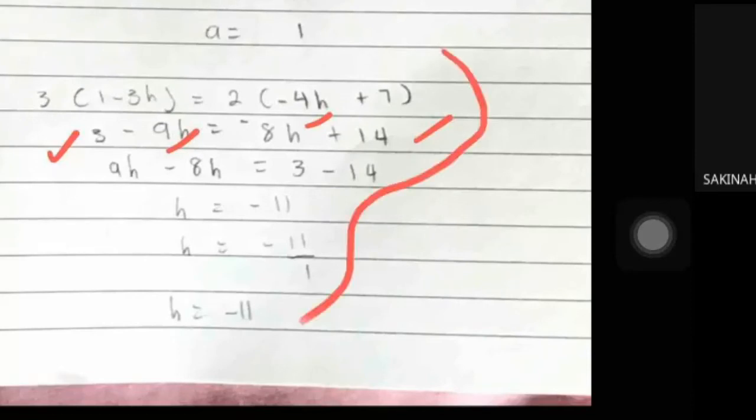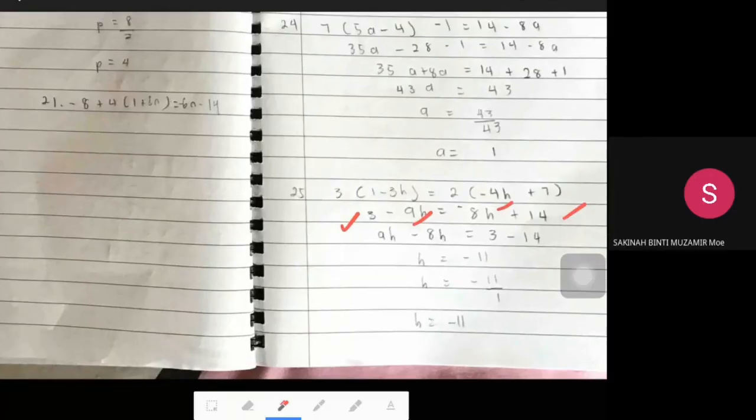Okay, how should it be written? So she has 3 minus 9h equals negative 8h plus 14. Now, she wants to make it positive. But suddenly here it was originally minus 9h, and suddenly it becomes positive, right? It doesn't seem right.